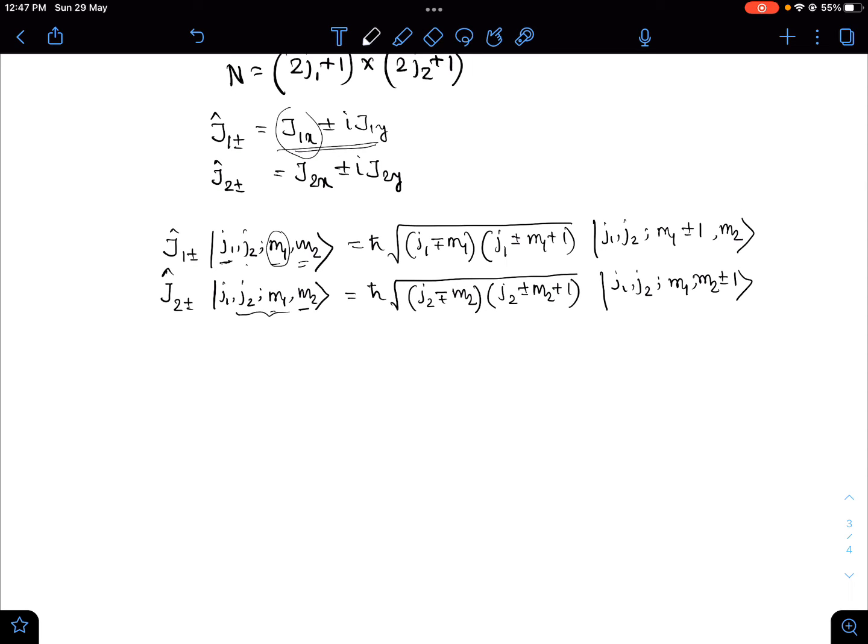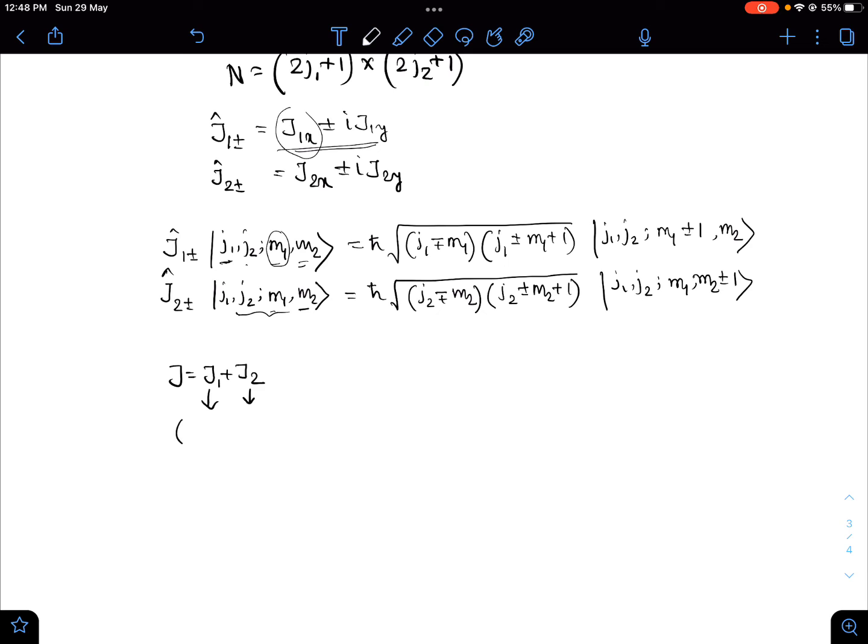Now these algebras are for subspaces 1 and 2, so we now have to add these angular momenta. So let us write J as J1 plus J2. One thing you have to note is that this is not a typical matrix addition, because J1 and J2 have dimensions that are not the same. We can only add two matrices when they are of the same dimension.